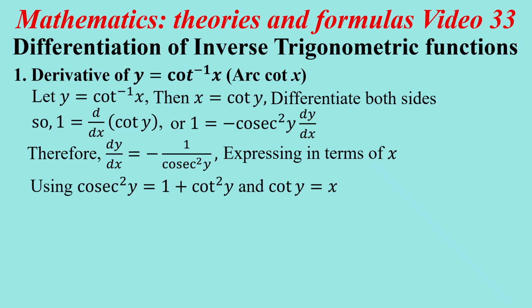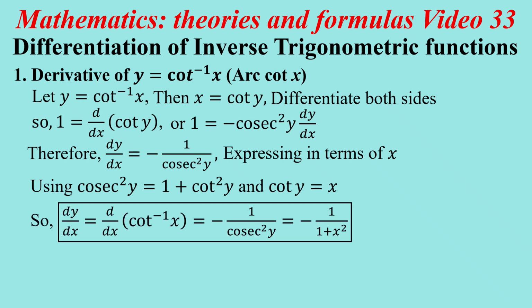Since cot y equals x, we can say that cosec square y equals 1 plus x square.